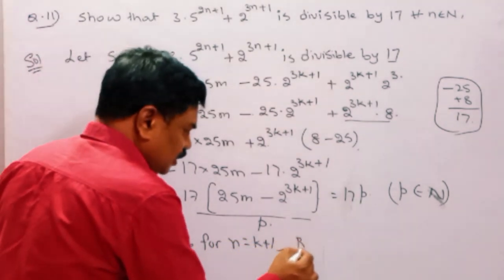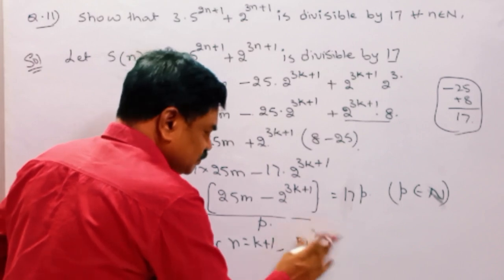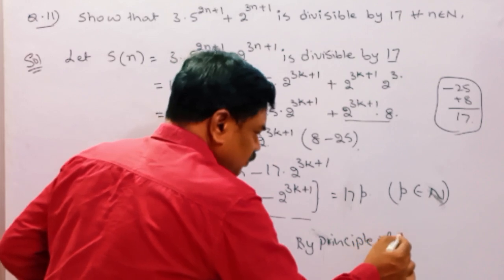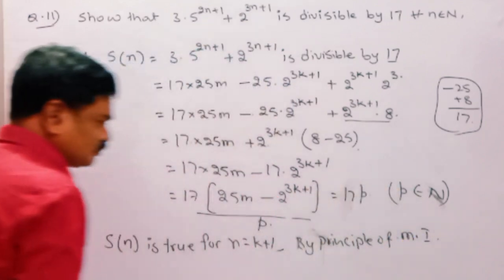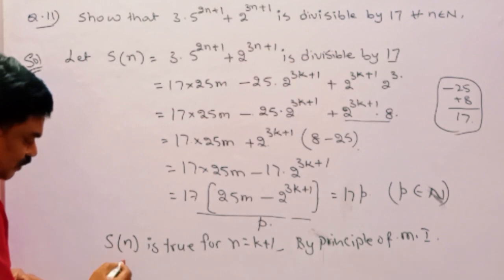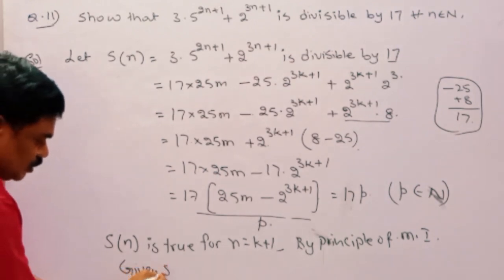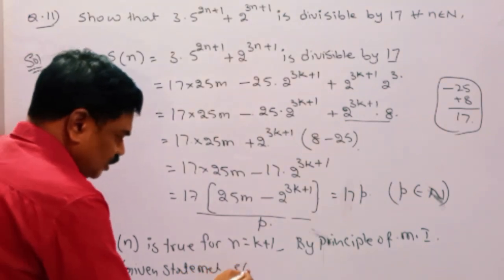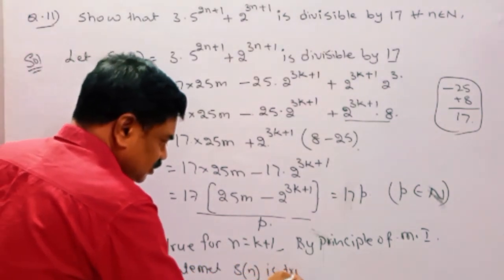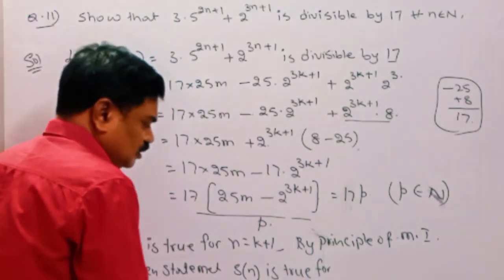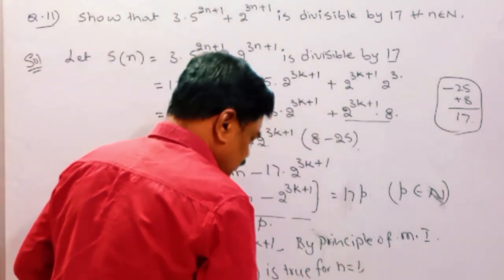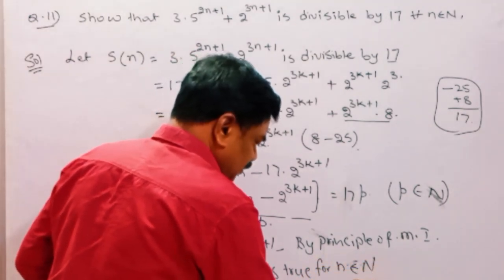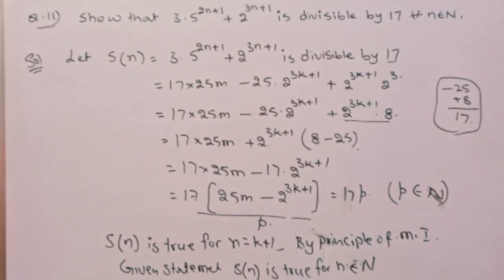By the principle of mathematical induction, the given statement S of n is true for n is equal to 1, true for all n belongs to capital N.